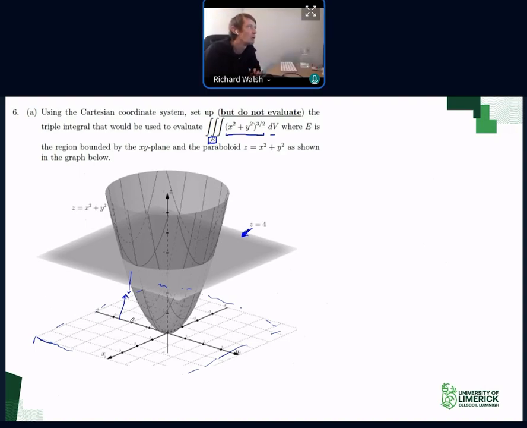Now, how do we go about setting up this integral? The first piece that I'll take care of is the vertical section of it. I'll change the inner integral, inner meaning the most inside bit.